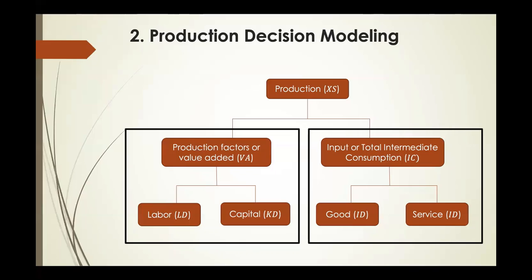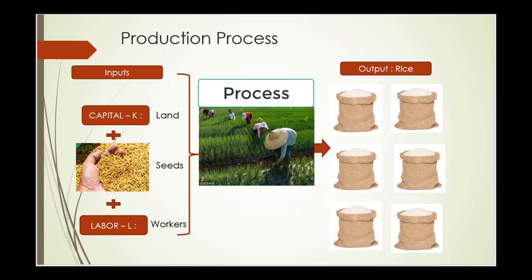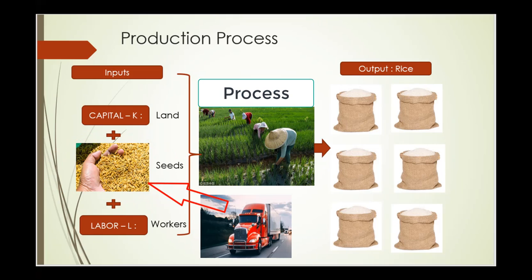For instance, to produce rice, one needs labor, hours of work, capital, for example, land and equipment, and one needs goods, or here, think about seeds in our rice production system. And one needs service also, for example, transportation service to move the seeds from the market to the farm.